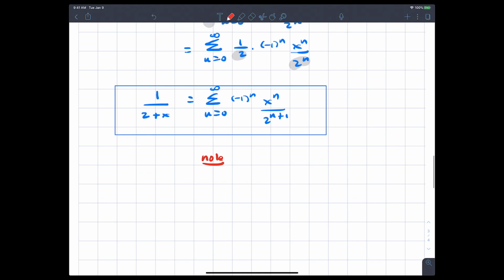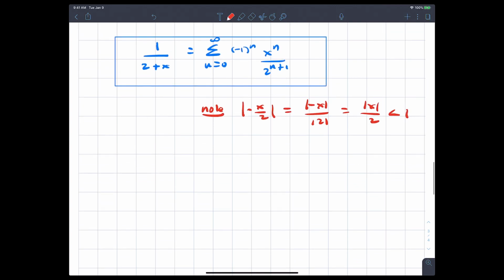So the absolute value of minus x over 2 is the absolute value of minus x over the absolute value of 2, which is the absolute value of x over 2, and that has to be smaller than 1 for convergence, which means that the absolute value of x has to be smaller than 2, or -2 less than x less than 2. We have this interval of convergence, or the domain of our function.